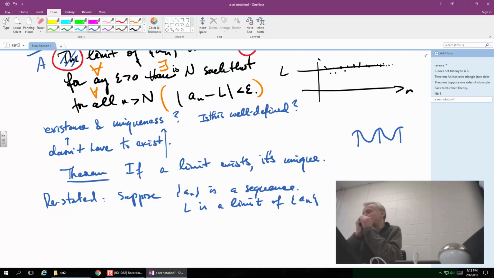Okay, so do you remember from calculus, maybe, the statement of anything being unique, and that is limit of sequences, limits of functions, I don't know, the derivative, the integral. So what does it mean it's unique?